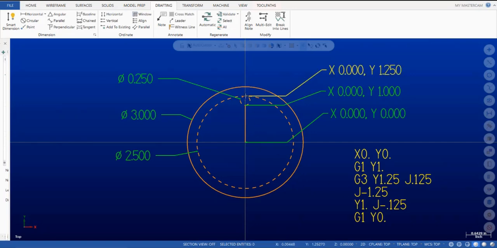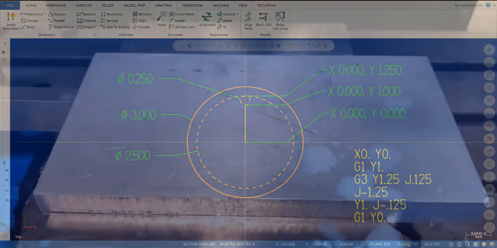And from where we start, the center point of the radius we're getting ready to swing is a minus 0.125 distance. So then we sit at the bottom of our lead out move, and then we're going to do a straight line back to the center. So we have to make sure to call a G1, and we're back to X0, Y0. So that is all the code that we need to do a lead in, lead out, and a complete circle.